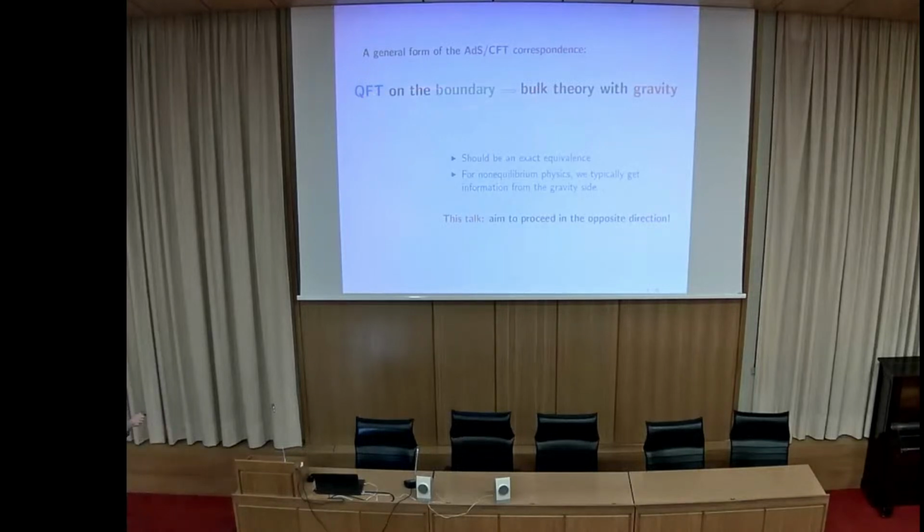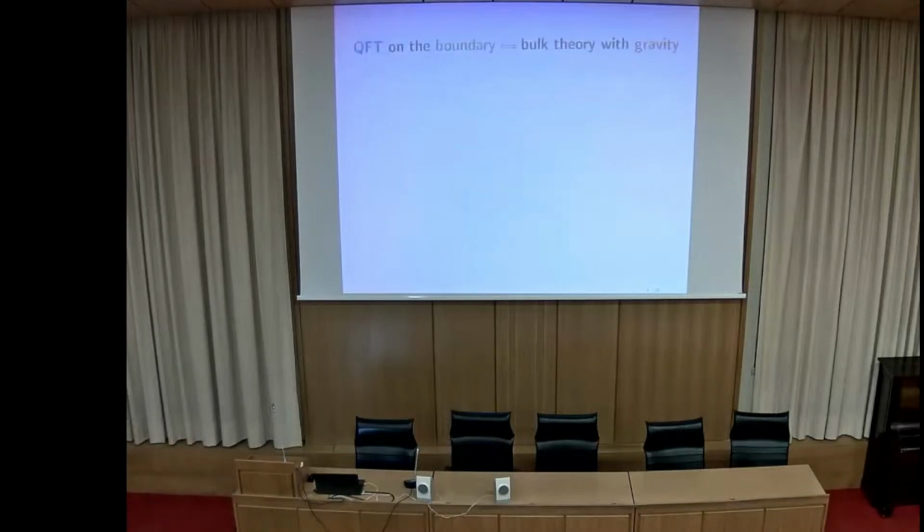Now, if we want to do this, we should really specify what we mean by gravity in such a setting. If we want to use the AdS-CFT correspondence as a definition of gravity, which is basically the main point, it means that gravity is really the subsector of the bulk theory which is dual to the energy momentum tensor.